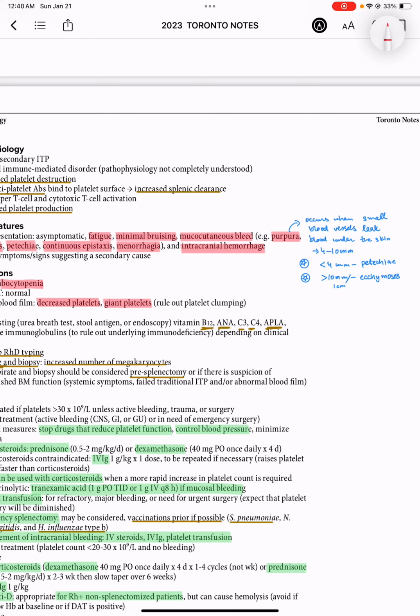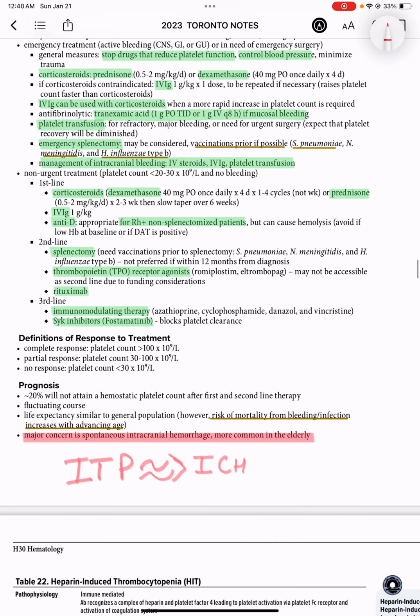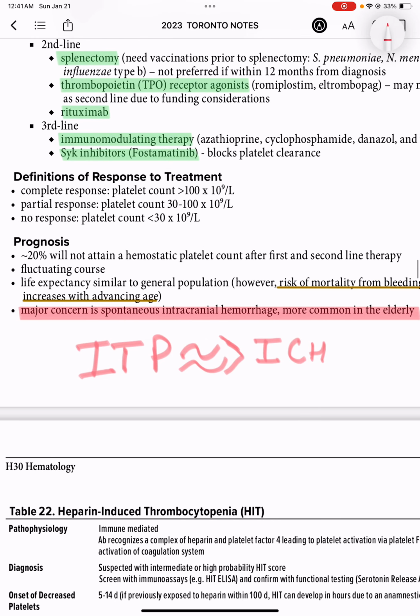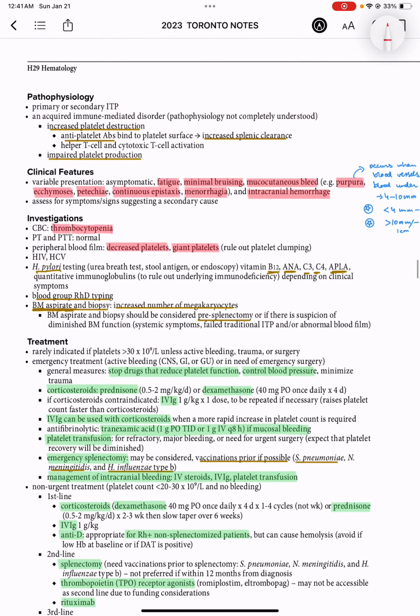If it is less than 4 millimeters, we'll call it petechiae, and if it is more than 10 millimeters, or more than 1 centimeter, we'll call it ecchymosis. And it can also present with continuous epistaxis, menorrhagia, and intracranial hemorrhage. The major concern is spontaneous intracranial hemorrhage, more commonly in the elderly. So whenever you're thinking of ITP, do think of intracranial hemorrhage.